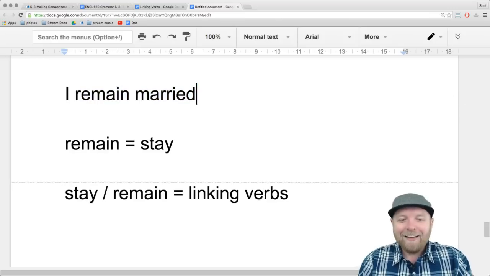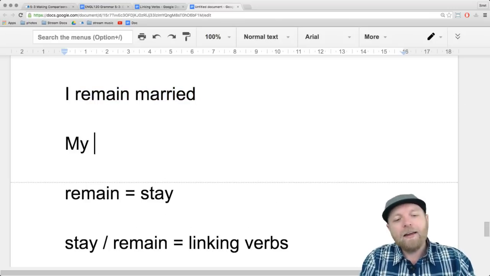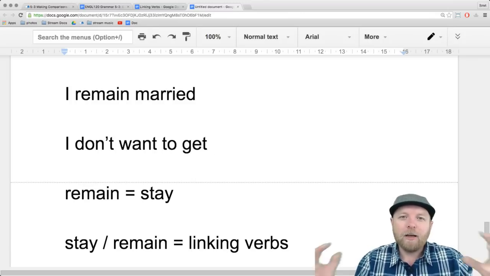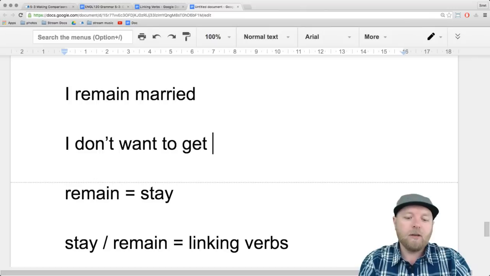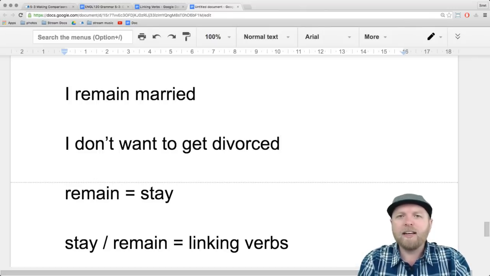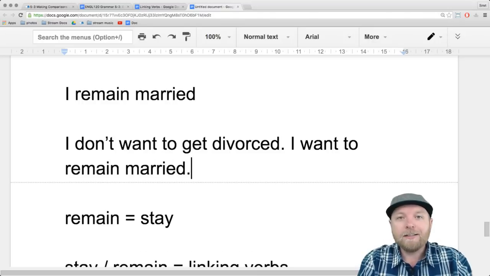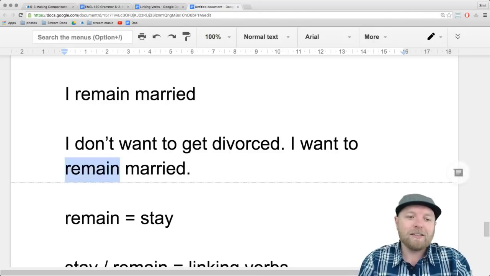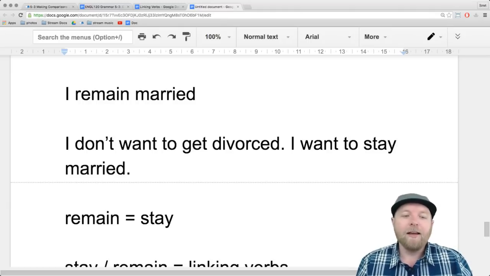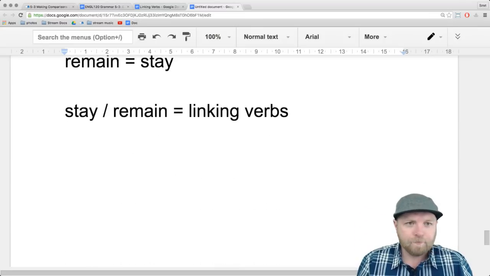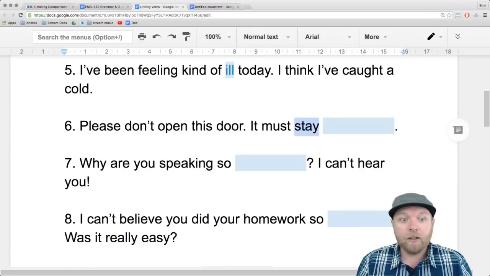Gosh, how can we say that? Stay married. I don't want to get, what's the opposite of married? You know, you get married and then you get divorced. I don't want to get divorced. I want to remain married, right? I want to stay married. Same thing. So thank you, Kashan. I'm sorry it took a long time to answer your question, but very good.